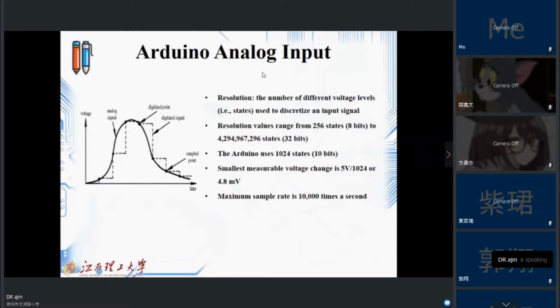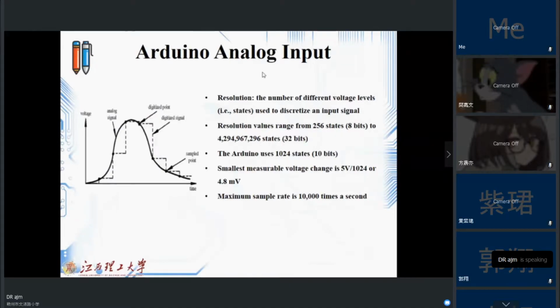In Arduino, we use 1024 states. It means 10 bits. The smallest measurement that we can have is 4.8 millivolts, which is derived from 5 volts divided by 1024.